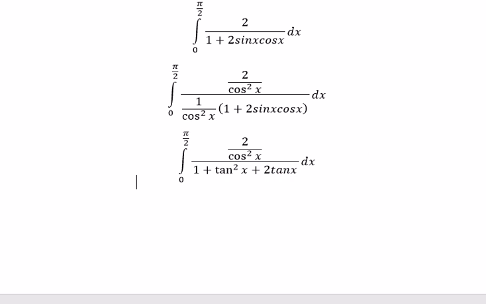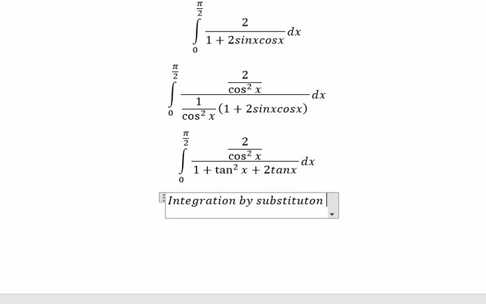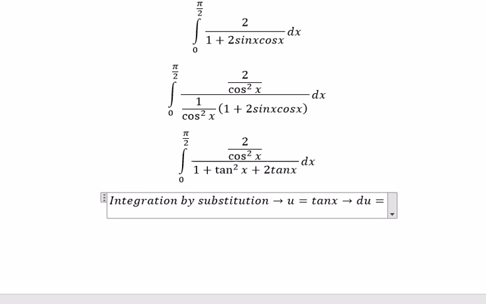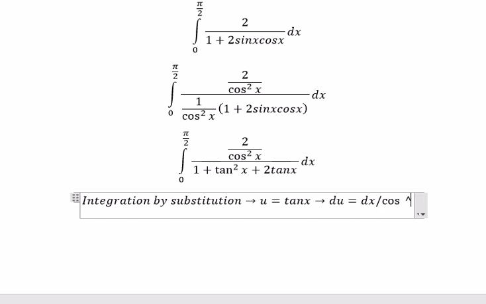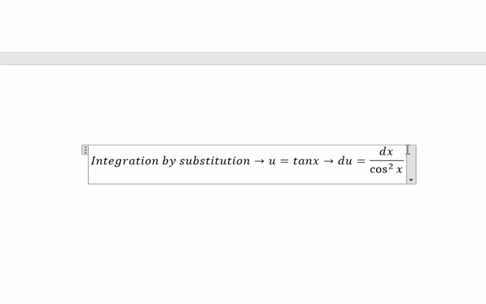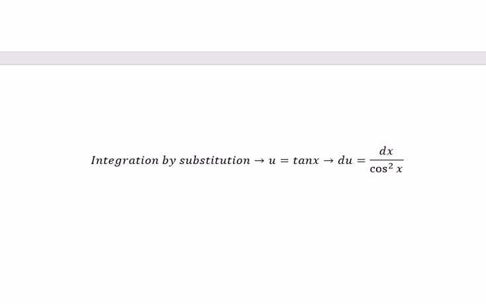Next, we need to use integration by substitution. So we put u equal to tan s, du equal to ds over cosine s squared. Next, we need to change the limits in here.